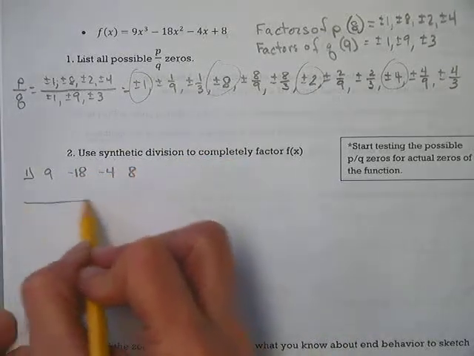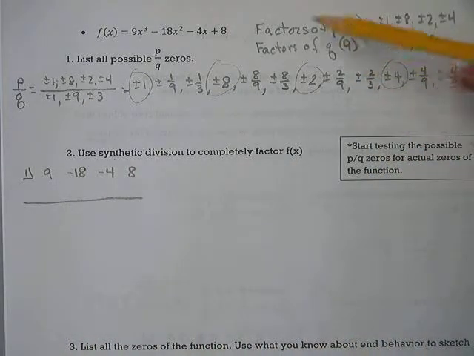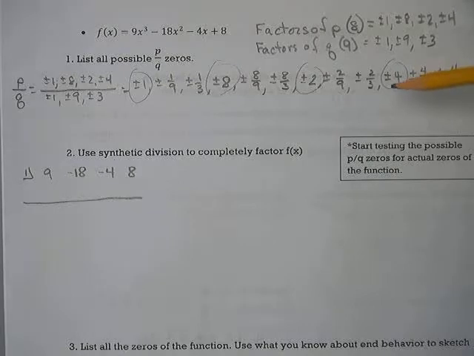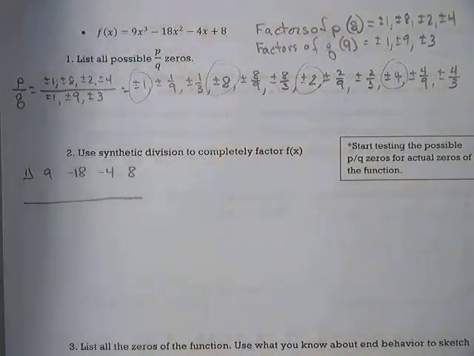So what do I need to list along here? 9, negative 18, negative 4, and 8. Now, if you get this problem on your homework and they ask you to list them, go ahead and list them.